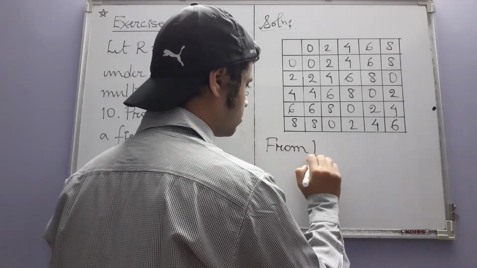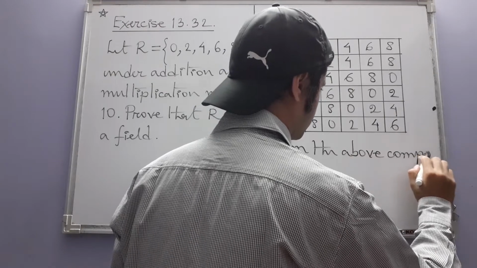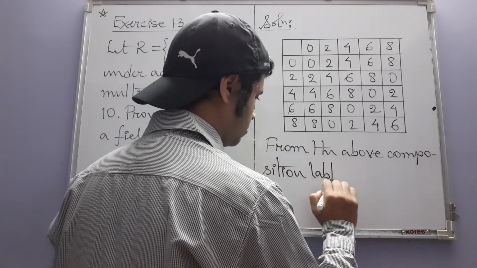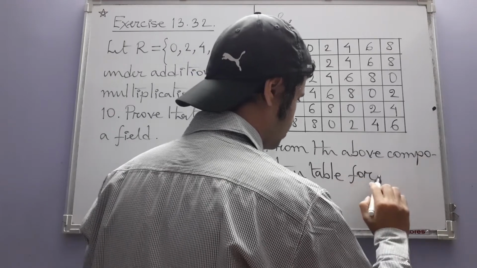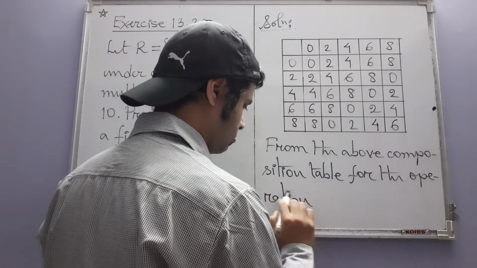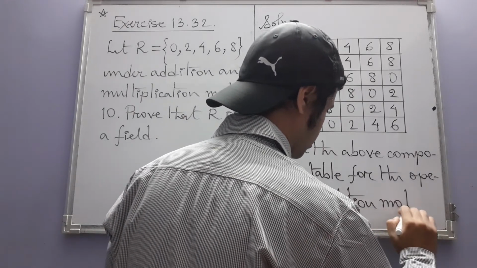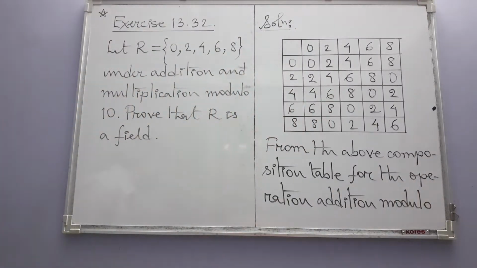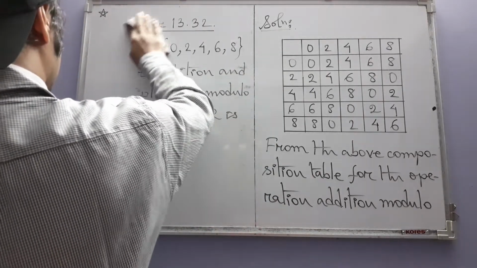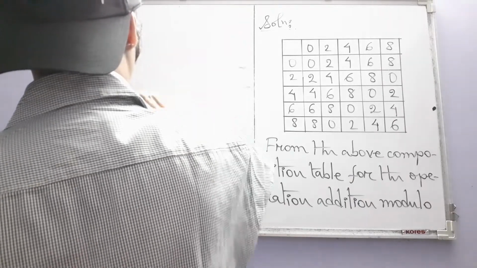From the above composition table for the operation addition modulo 10, the first thing we see is that the set R is closed under this operation. That's the first thing we see.